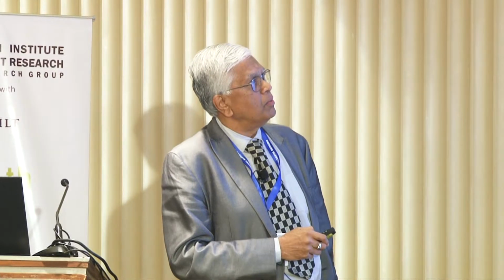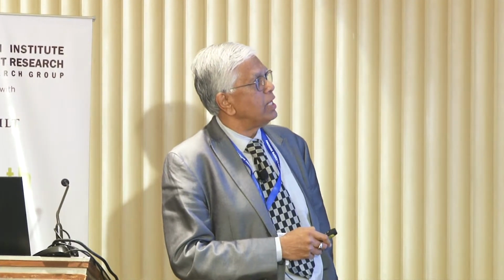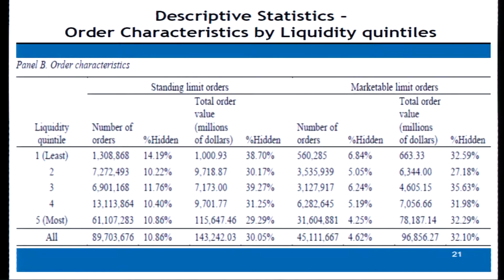As you can see, roughly 10 to 15% of the standing limit orders are hidden, and about 5% of the liquidity demanding orders are hidden approximately. In number of trades, the proportion is much greater.